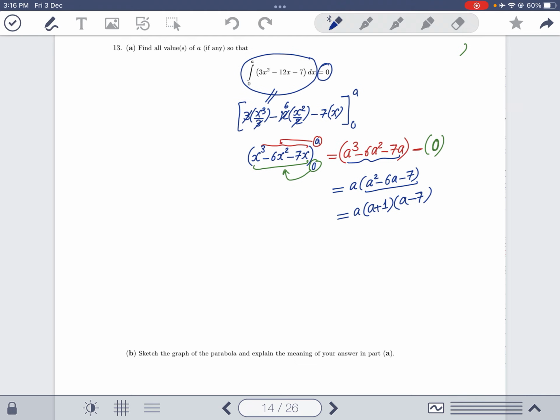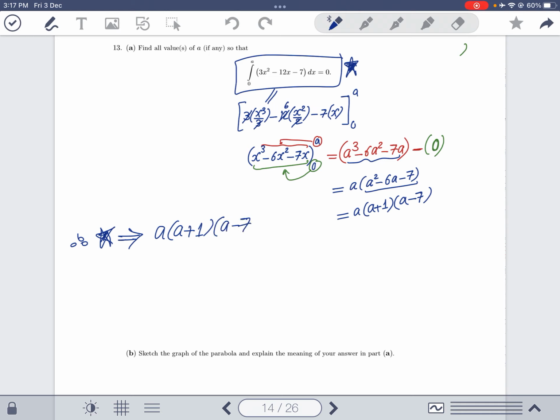I know that, therefore you can say this here, let me give it a name actually. Let's call this star. So I refer to star. I would say star is the same as a times a plus 1 times a minus 7, which was the left hand side. You see, when I calculated the integral and replaced a, and then at the end I factored everything, so I got this answer.